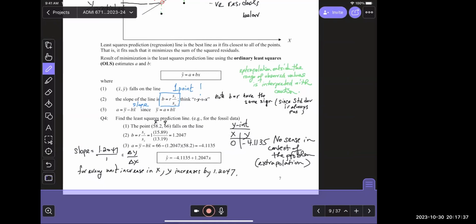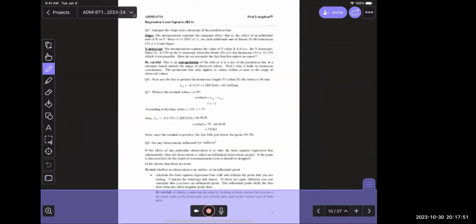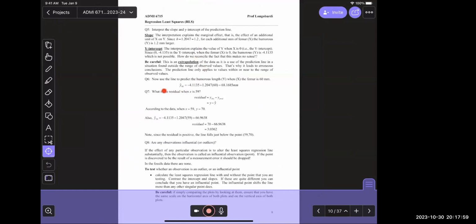Very good. And that's the interpretation. Very good. All right. So everything is here: the slope interpretation, the y-intercept, a comment about extrapolation.